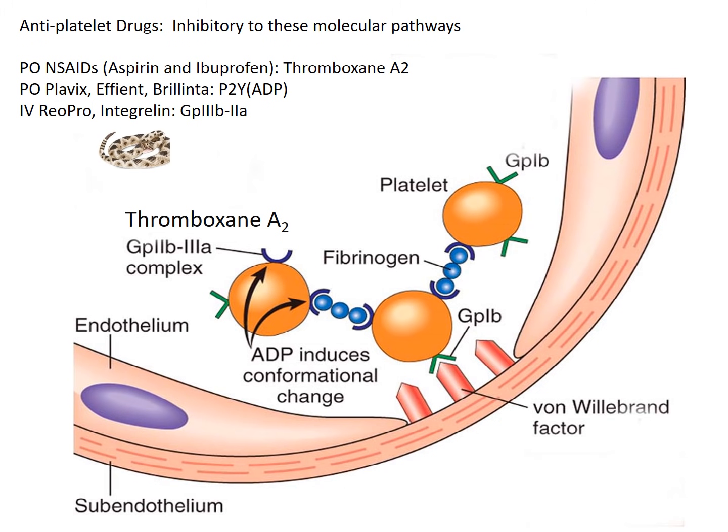ReoPro or Integrelin, and those are drugs which are proteins that are directly inhibitory to that GP3B2A. And when you inhibit that, you completely block the platelet's ability to cross-link, and therefore you can't clot. And that would be a useful thing, right, for somebody who's having acute MI and going for acute angioplasty.